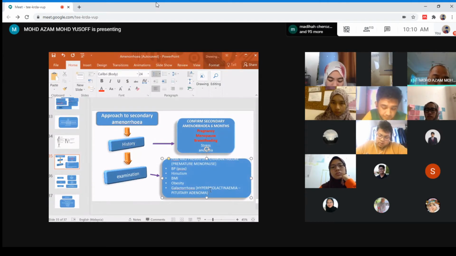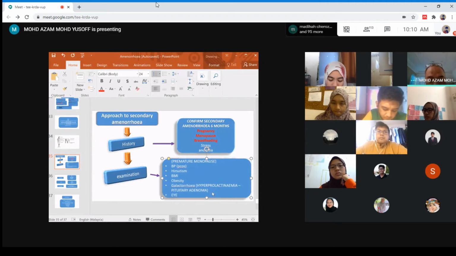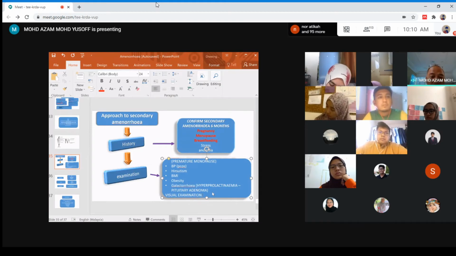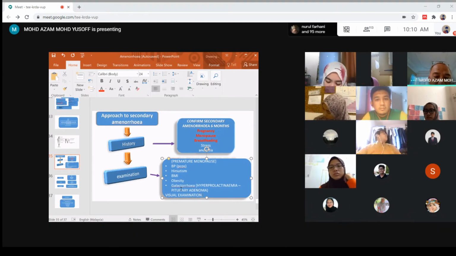This patient must have a visual examination. It is compulsory, to make sure there is no pituitary adenoma pressing on the optic chiasma.